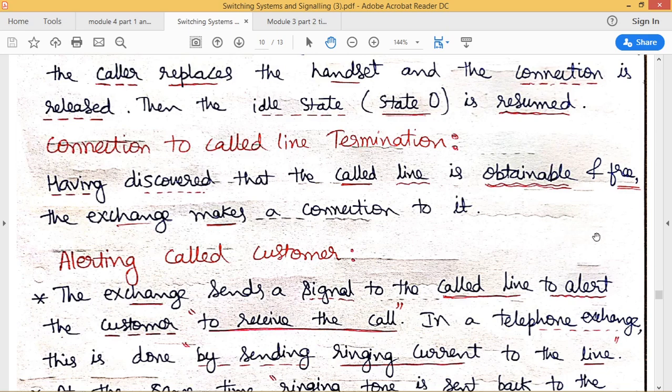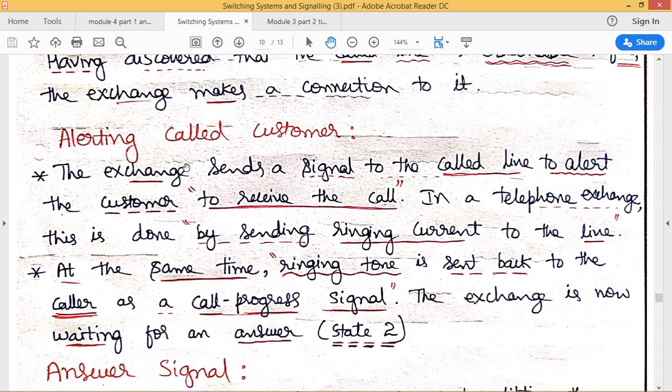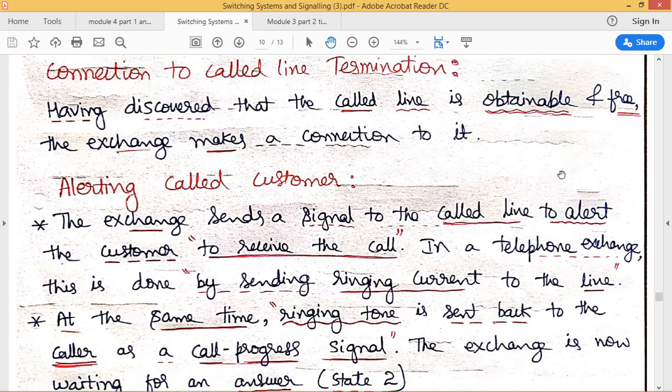Once connection has been established to the called person from the exchange, the alerting signal is sent. The called person must be alerted by ringing his telephone. The exchange sends an alert signal to the called line to alert the customer to receive the call.